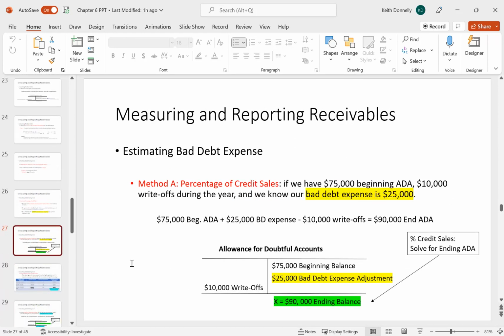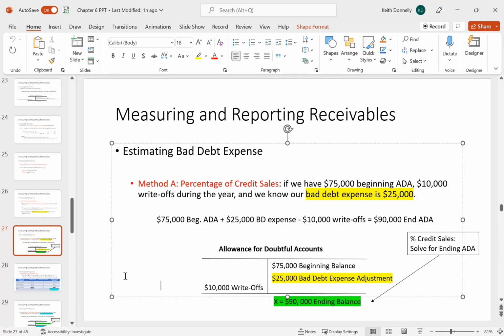Now, showing this in relation to the T account for the allowance for doubtful accounts, you'll have your beginning balance plus your bad debt expense minus your write-off gives you your ending. So method A gives you this one right here. The other 2, you'll have to solve for the ending balance. And we've seen this in accounting before.